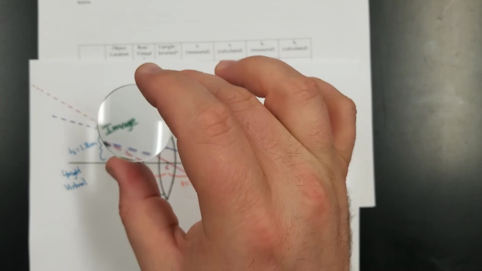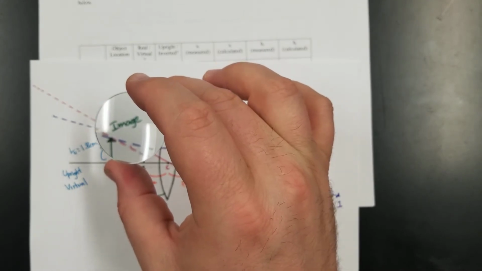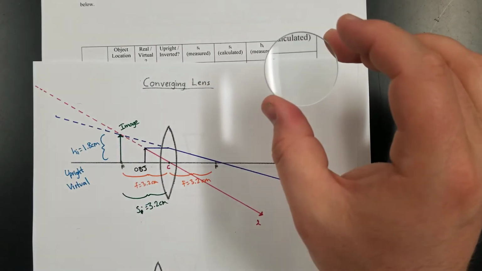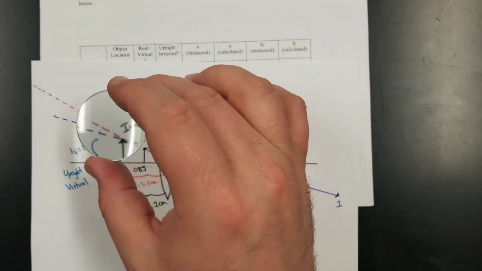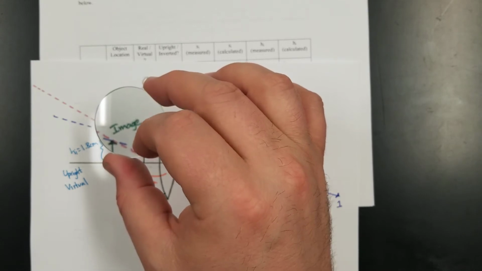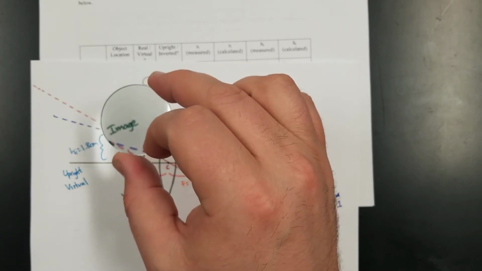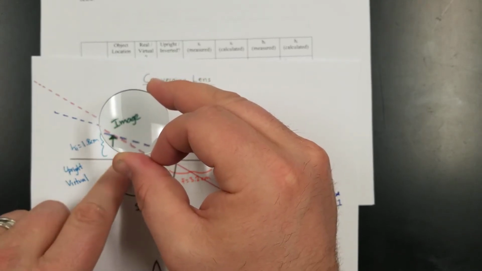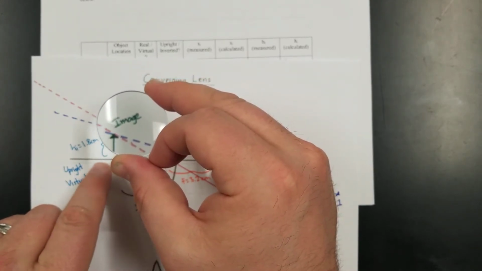So what you'll notice when I get it focused is that you get an image that is bigger than the original. So like that versus that. And it's virtual. You can only see it when you look through the lens. If I turn this lens and you look on the paper behind it, you don't really see anything but blurriness.